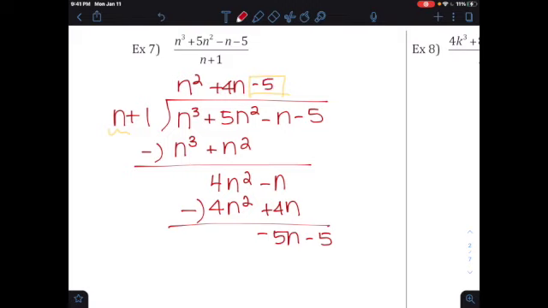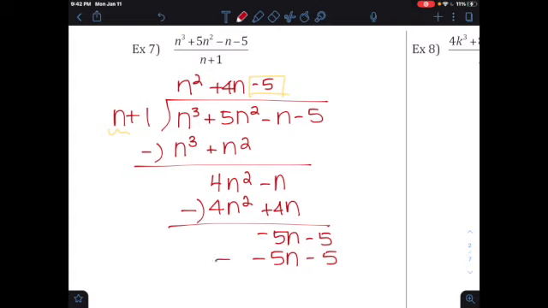What you have to do is you are trying to get rid of the very first term. So right now you're going to say n times negative 5, distribute property. That gives you negative 5n. And then you have negative 5 times a positive 1. And that's going to give you a negative 5.